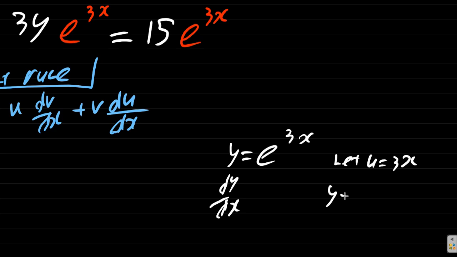So you have y is equal to e to the u. Now, here, dy by du is equal to e to the u. No change there.